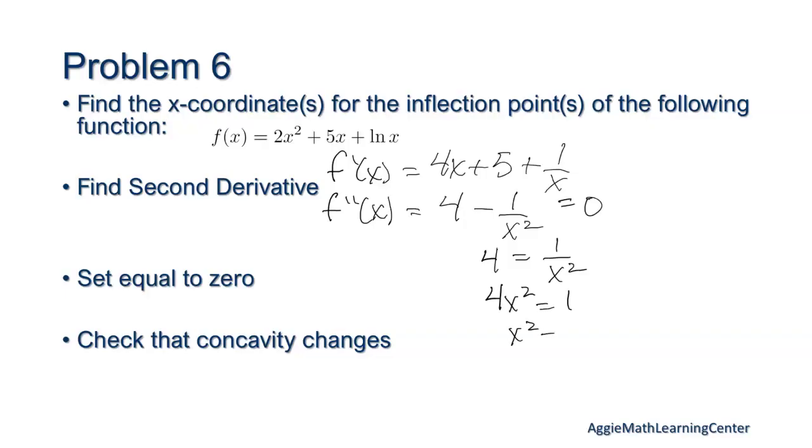So x squared is equal to 1/4. And x is equal to plus or minus the square root of 1 over 4. Remember, it's division or multiplication inside the square root. We can distribute it through. So we get plus or minus 1 over 2, because the square root of 4 is 2. Are we good on that one?